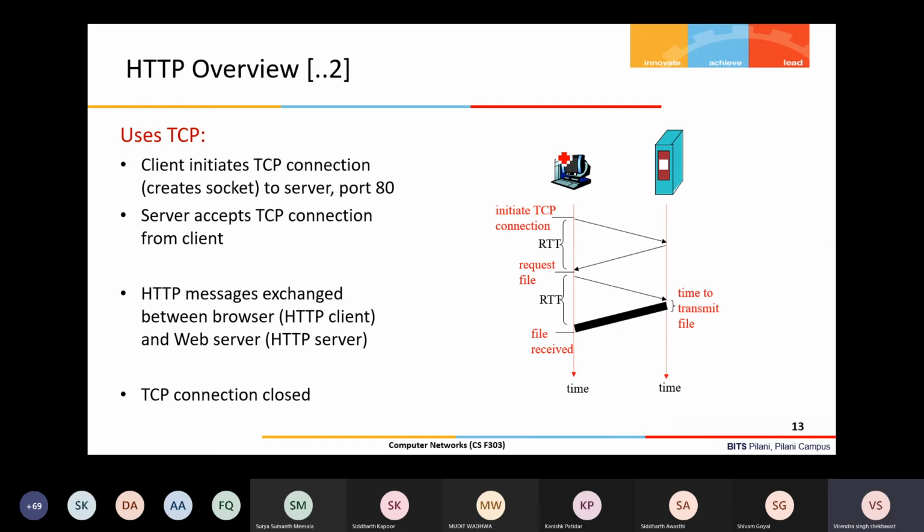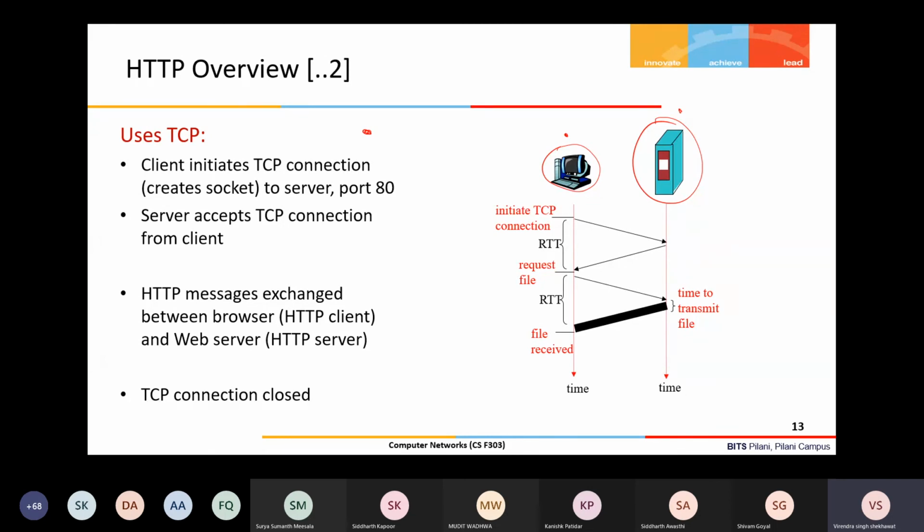So this is a client and this is a server, because HTTP, a web application, follows a client-server architecture. As it uses a transport layer TCP connection, first, at the transport layer, between this client machine and server machine, a TCP connection needs to be established.